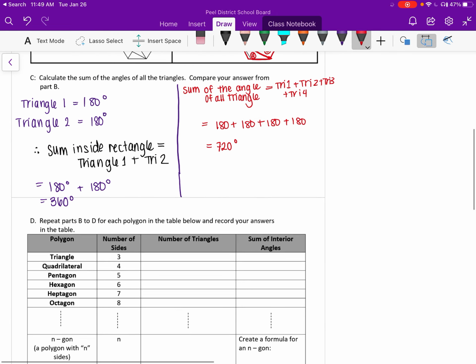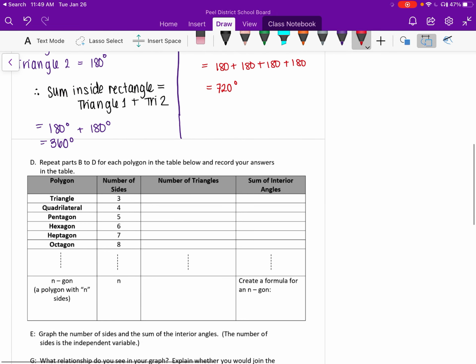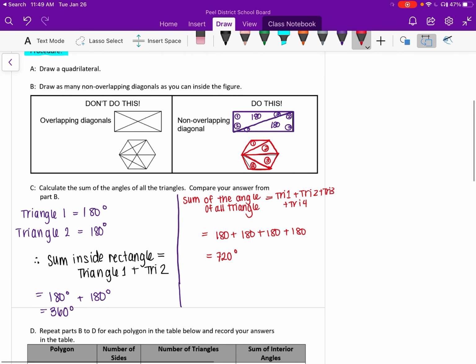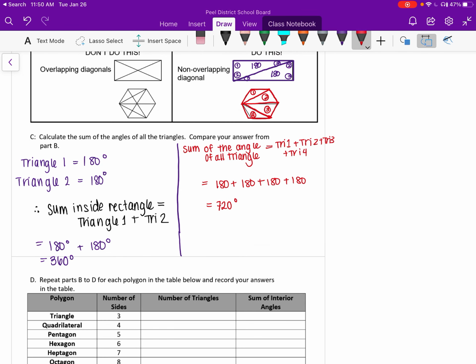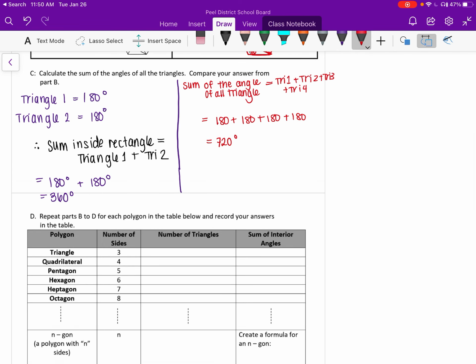What you should have already done for parts B and C is repeat this with each one of these polygons. Each one of these polygons, you should have repeated the same steps of taking the shape and dividing it into a bunch of triangles, and then finding the sum of the triangles.